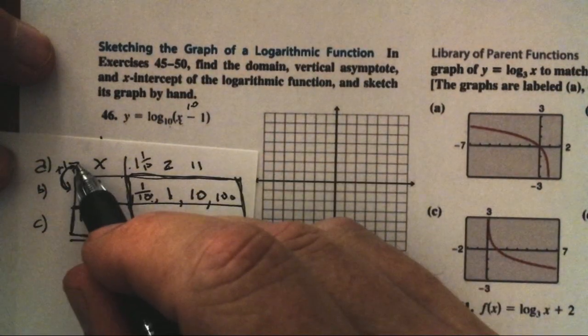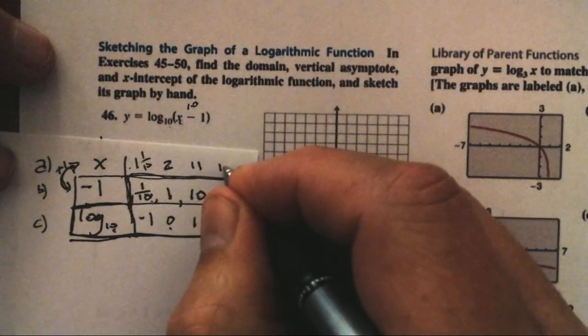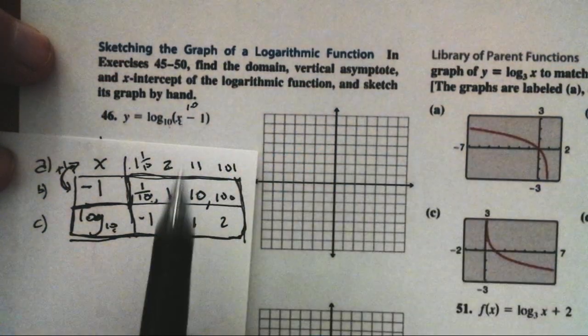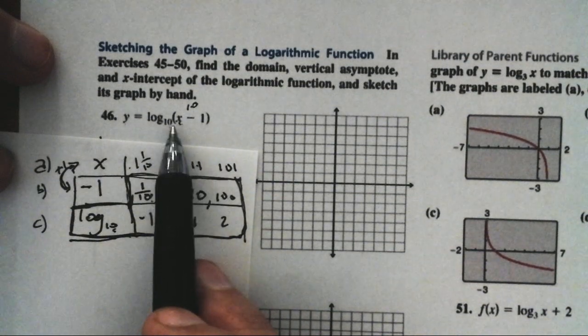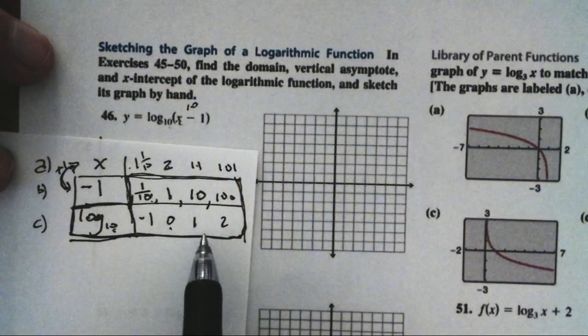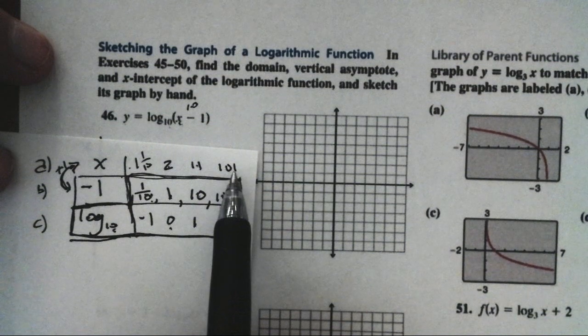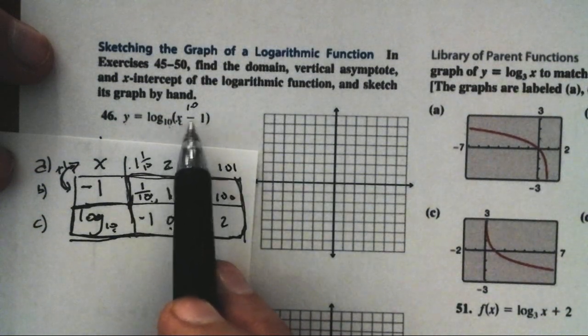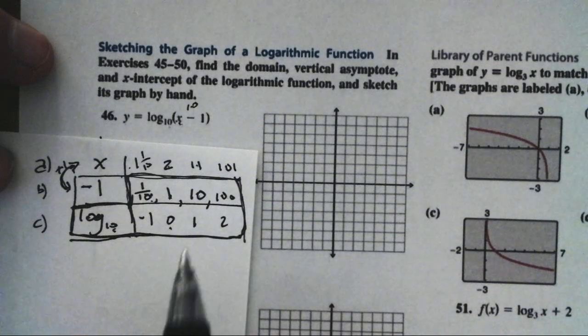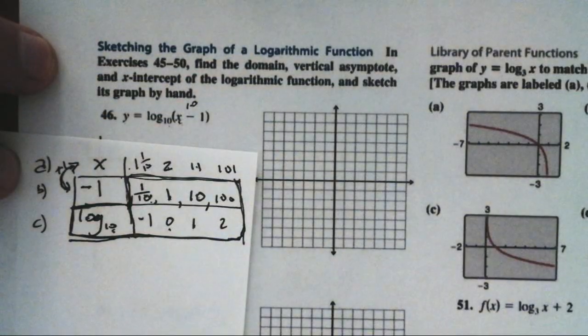I'm going to choose 11 here. I'm going in reverse. I'm adding 1. I'm going to choose 101. So if I choose 11, it gets turned into 10. We take log base 10 of 10 and we get 1. If I choose 101 for x, I get 100. What's the exponent that turns 10 into 100? 2. So here are my ordered pairs.